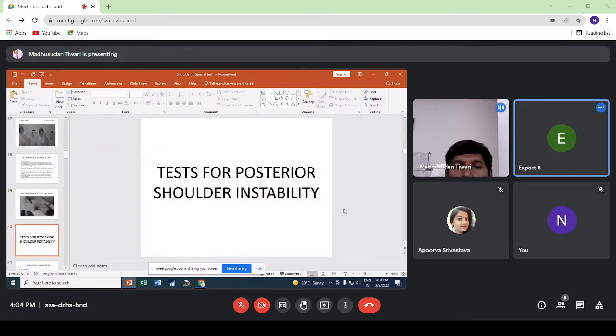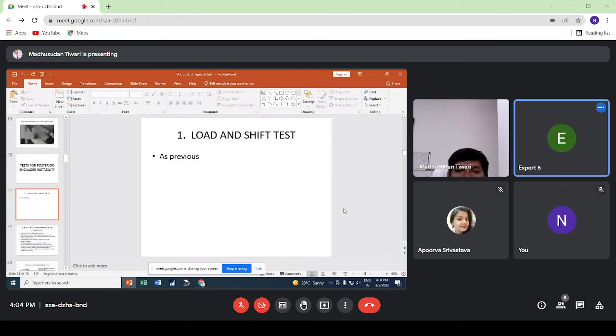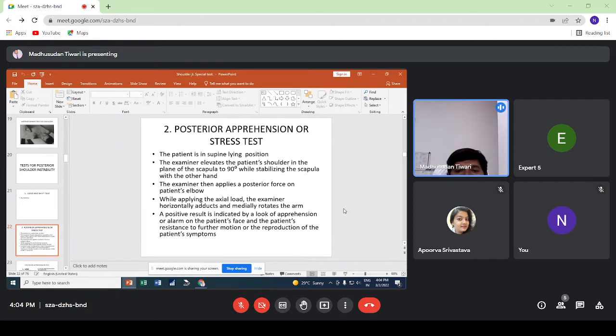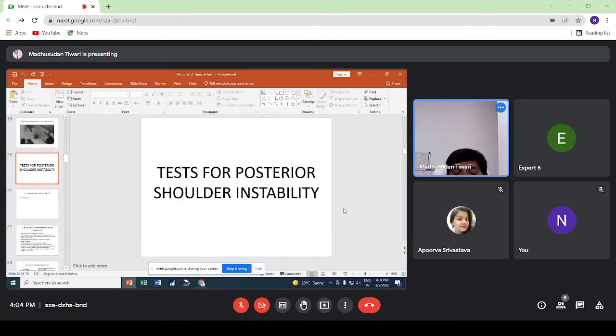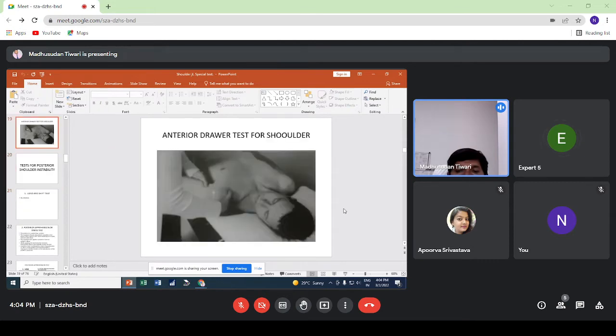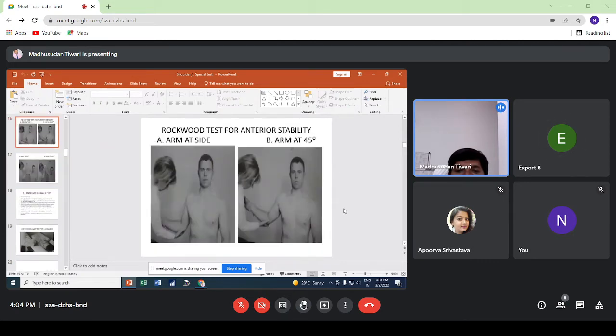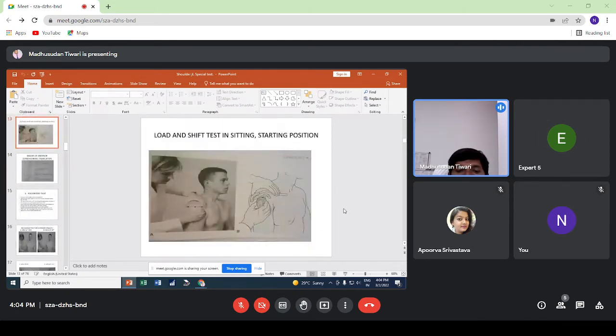Now the tests for posterior shoulder instability. Again for this test, the load and shift test as discussed earlier, performed posteriorly. See, the patient position will be sitting. The patient will be seated on a table or chair without any back support.